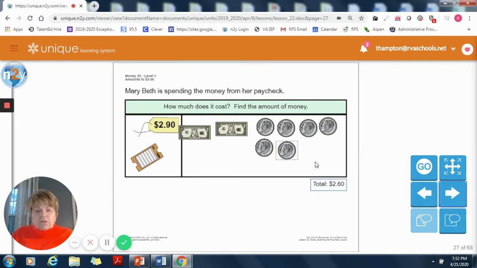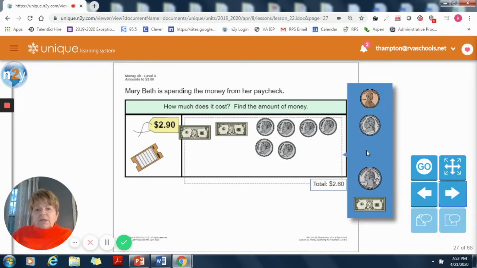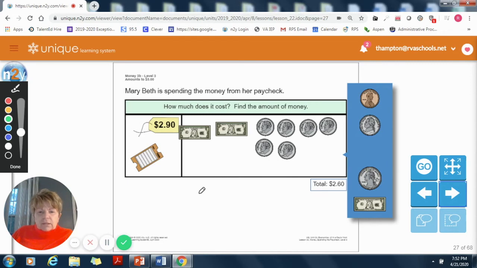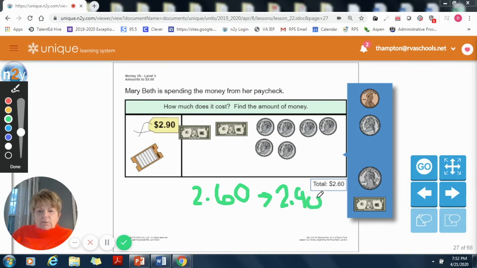So now what do we do? We're at $2.60. How can we make up the rest of that money? So if we count up and we have $2 and $2.60, but we need to get to $2.90, right?